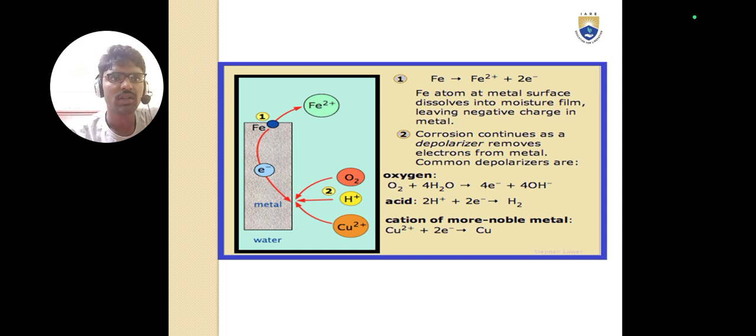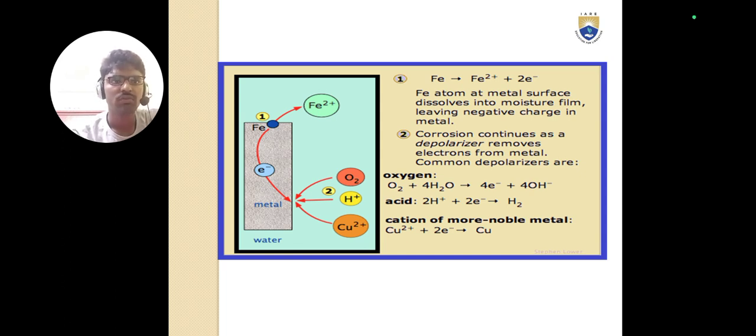Corrosion continues as a depolarizer removes electrons from the metal. A common depolarizer is the oxygen molecule: O2 plus 2 H2O plus 4 electrons gives 4 hydroxide ions. In acidic conditions, two hydrogen ions react with two electrons to form a hydrogen molecule.